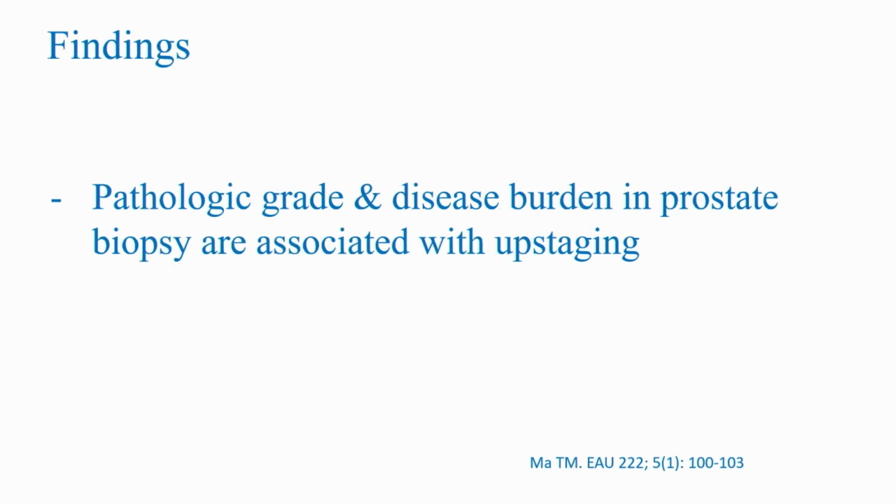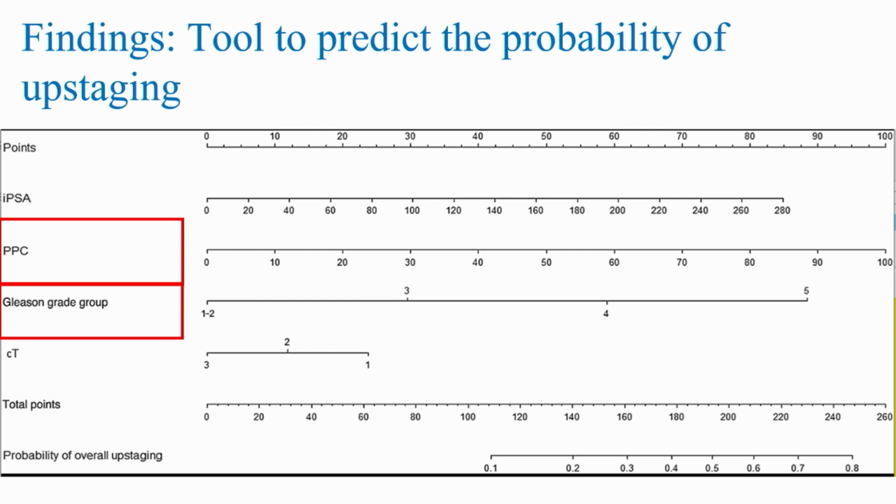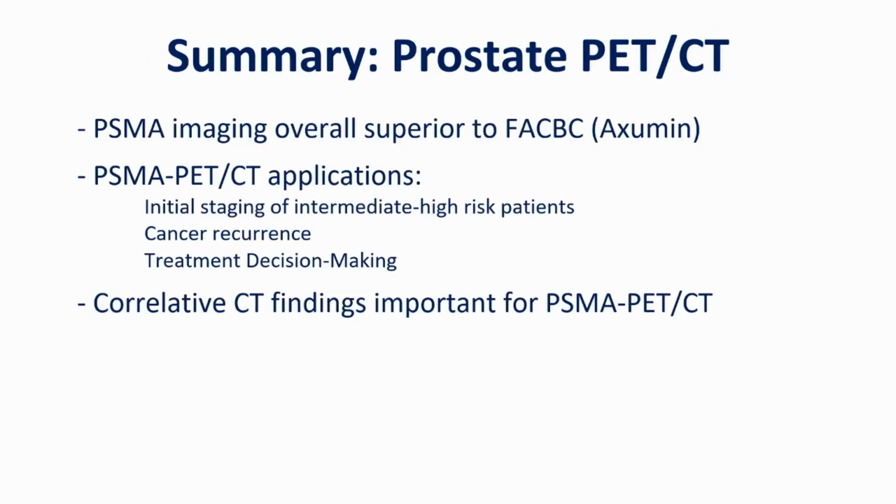And they found that the 2 most important characteristics were pathologic grade and disease burden in the prostate biopsy. And those were the 2 most important factors for upstaging. And from that, they developed this tool to predict the probability of upstaging. And it just gives a nice summary of when potentially you should use PSMA PET if you're not sure.